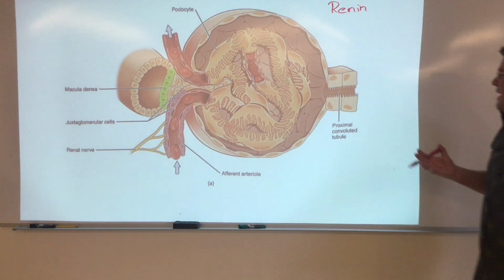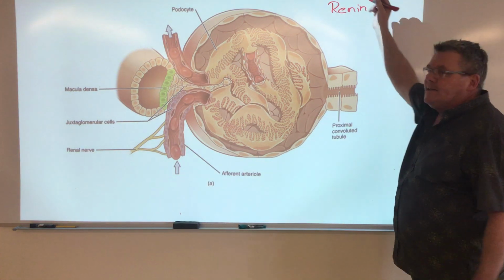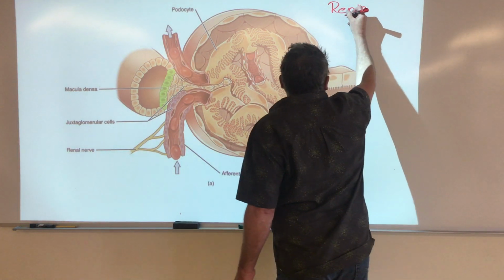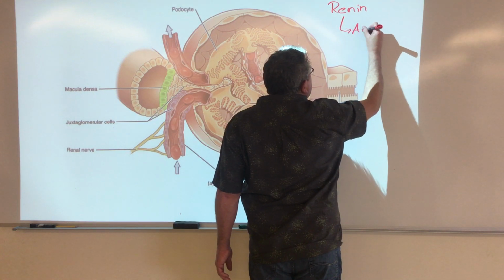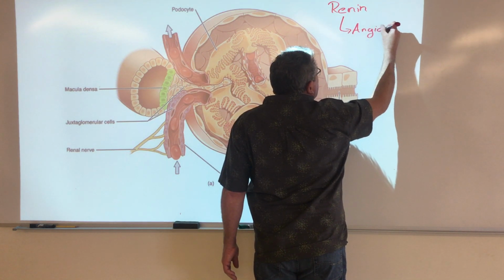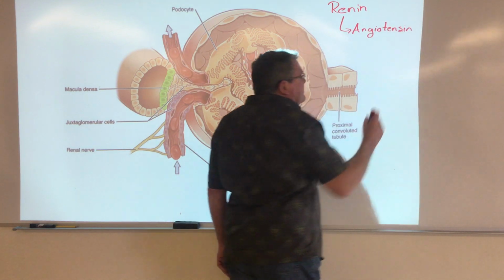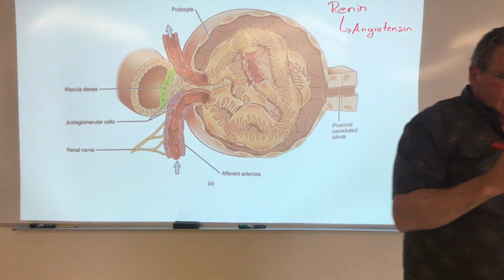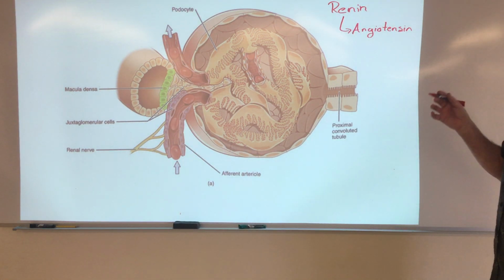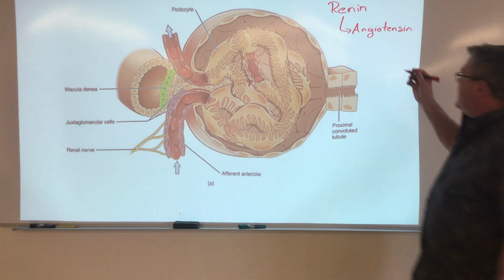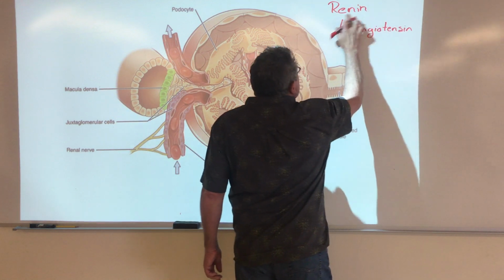So renin is going to cause, I'm going to shorten this process up, a molecule called angiotensin to be converted to, I think it's angiotensin 1, and then I think it's the liver converts angiotensin 1 into angiotensin 2.